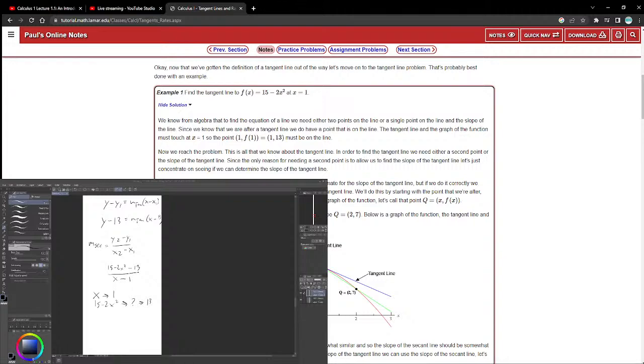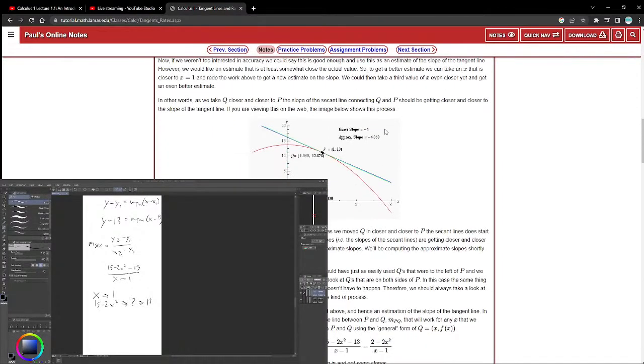We'll do this by starting with the point that we're after, P, 1, 13. We'll then pick another point, Q, x, f of x. For the sake of the argument, let's take x equals 2. You will then pick another point that lies on the graph of the function.